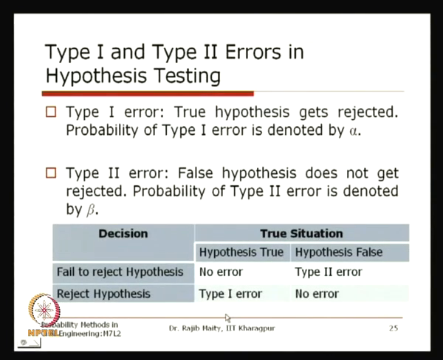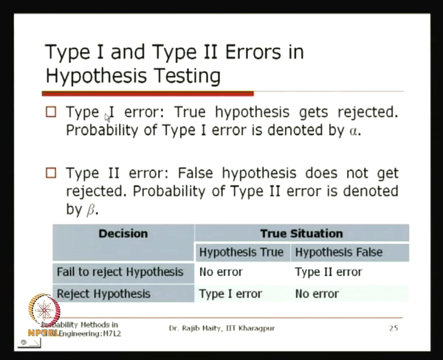There are two types of errors in hypothesis testing. These are known as type 1 error and type 2 error. The true hypothesis gets rejected: the hypothesis that we first assume may actually be correct, and if through this hypothesis testing we reject it, then we are facing one type of error, known as type 1 error, and the probability of type 1 error is denoted by alpha.